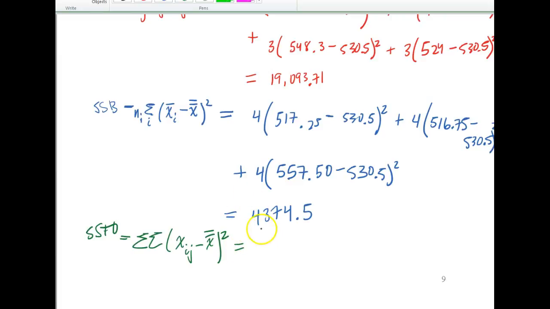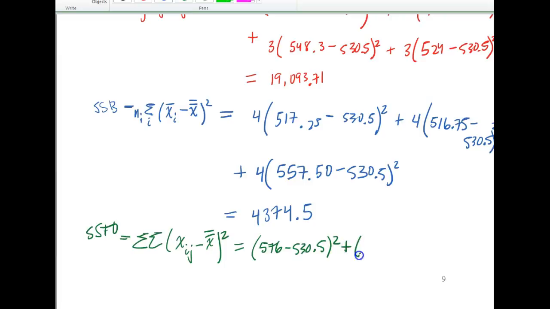Alright, so we get 576 minus 530.5 squared, because 576 is just our first cell.